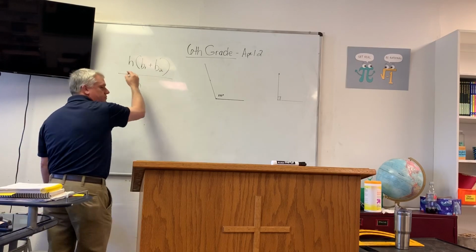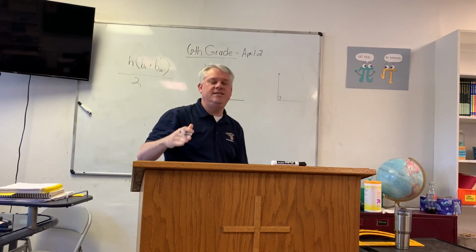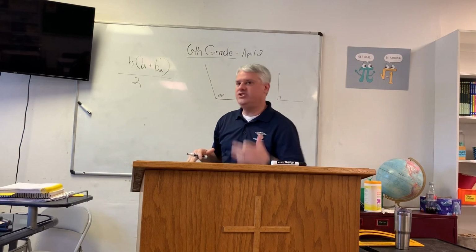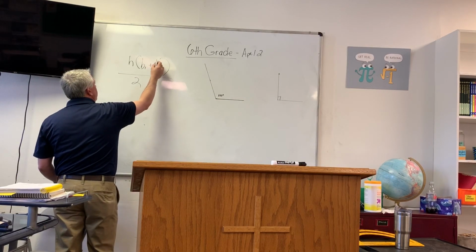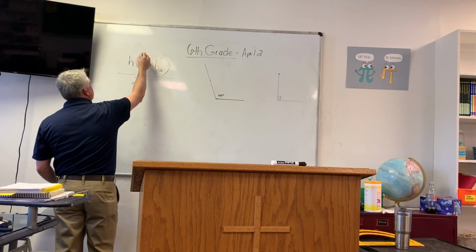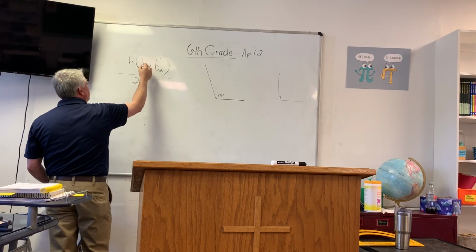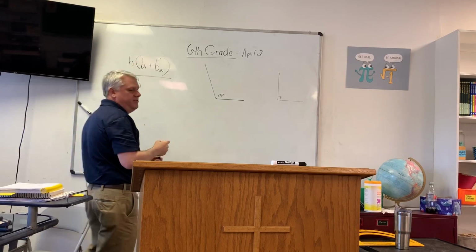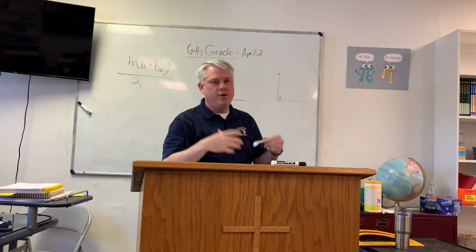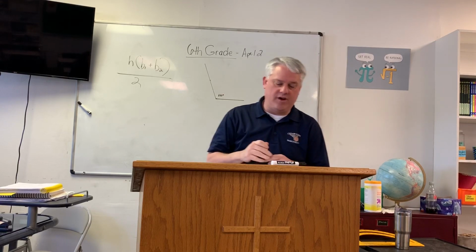This fraction bar, class, means division. So what happens here is we're going to add these together first. Then we would multiply them times H. And then the last thing we would do is divide 2 into that number. So very important, that helps you to understand the order of operation.